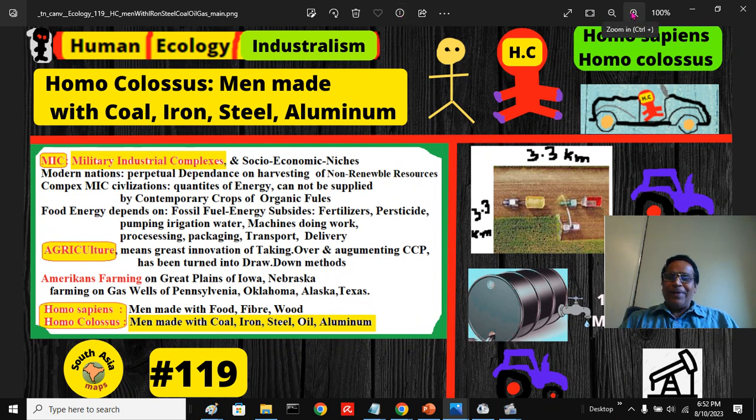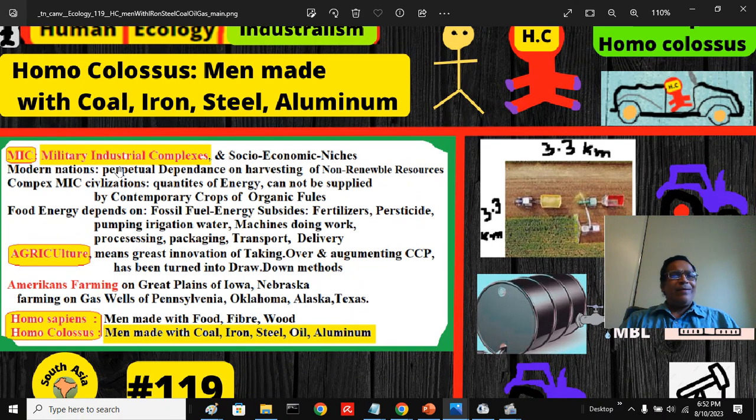The term military industrial complex was coined by President General Eisenhower, who demitted office around 1959 or so. The term essentially represents today's modern world's social niches, economic niches, political niches. A niche is like a slot where humans fit into the system. MIC represents these niches.